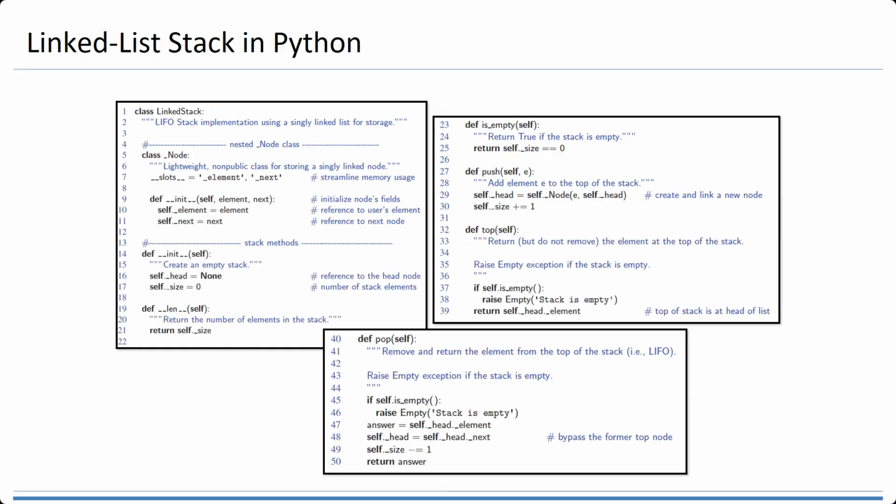This is the code for the linked list stack in Python. So this is the link stack, and then you have node, you know the element and the next. So when you construct the initial node, you will construct the element, what is the element of the node, and what is the next.